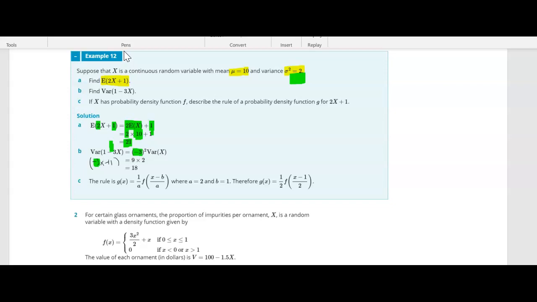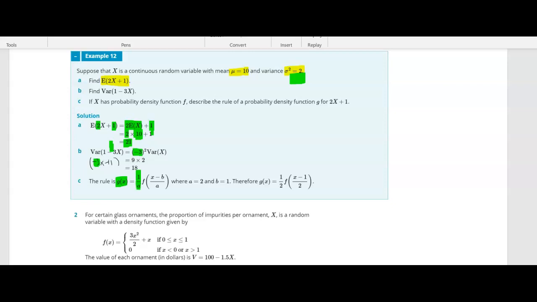All right, question C. If x has probability density function f, describe the rule of a probability density function g for 2x plus 1. Okay, so we're just looking at the rule g of x in its generic form.